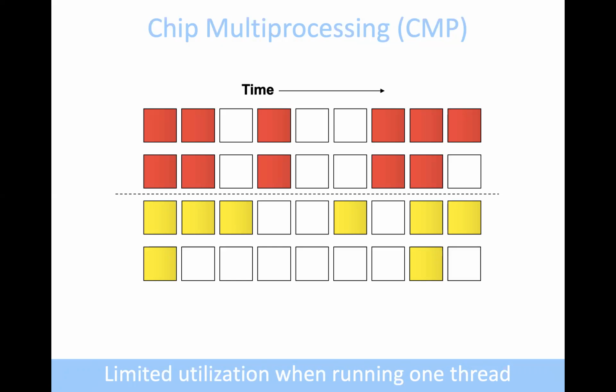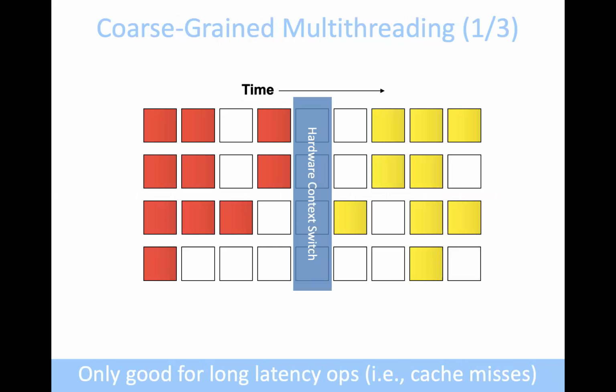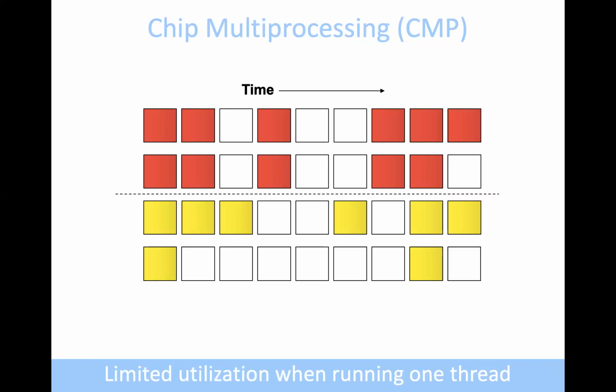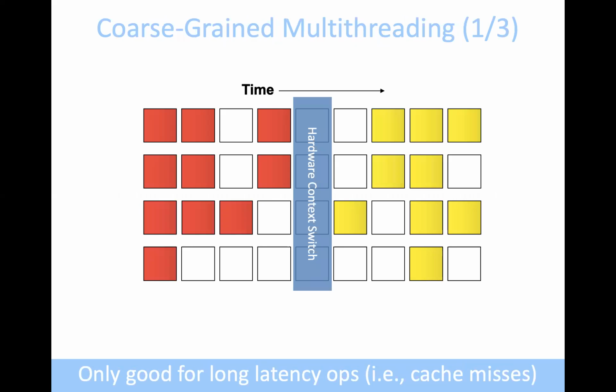So then you get into, can we do better than this? Then we can do multi-threading, right? When a given task takes a long latency operation, like an L2 cache miss, you can say, okay, you know what, I'll context switch over to a different task and I'll use that instead.